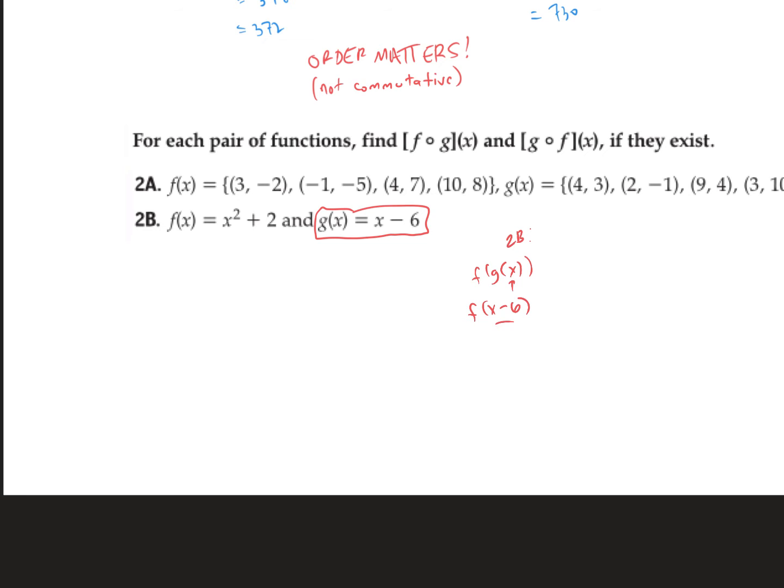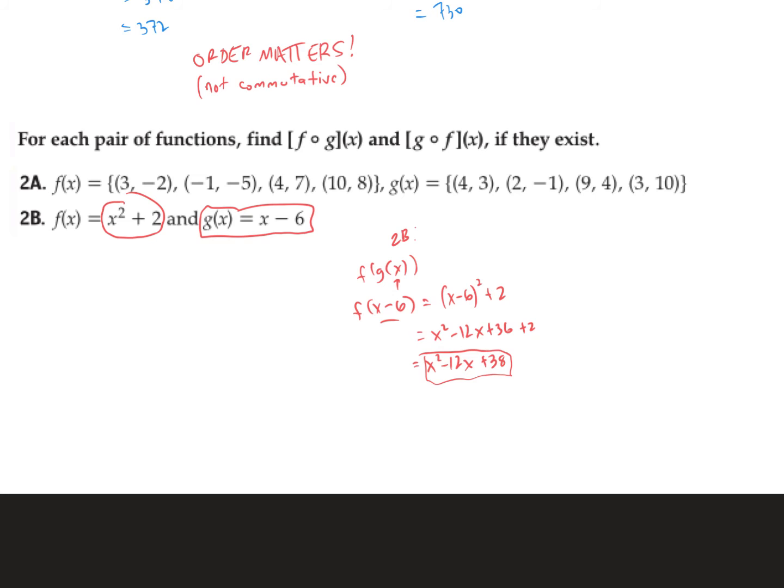And then that x minus 6 gets plugged into f for the x. Multiply that out. And that would be f of g of x.